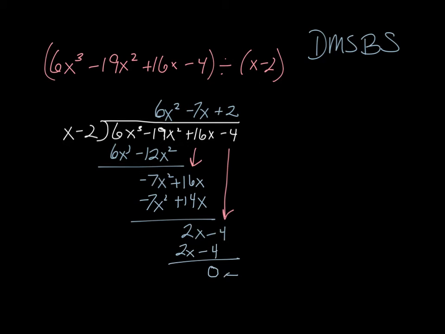So we have a remainder of 0, which tells us that x minus 2 must be a factor of our polynomial here. So this polynomial divided by this binomial is equal to exactly 6x squared minus 7x plus 2.